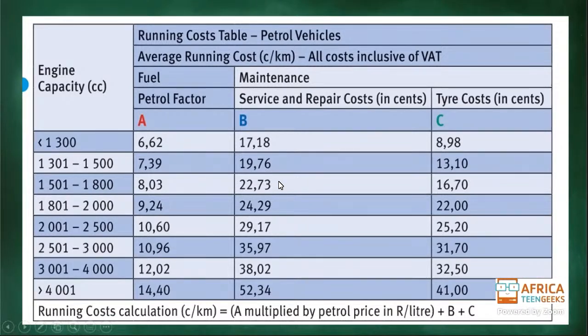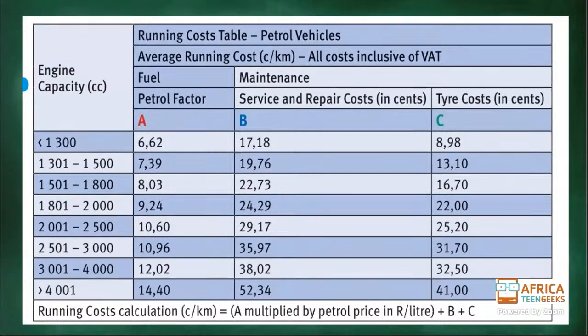Then you will get 107,92. And then of course you also add the 16,70 there. And the final answer there will be 124,62. That is what you will have there.